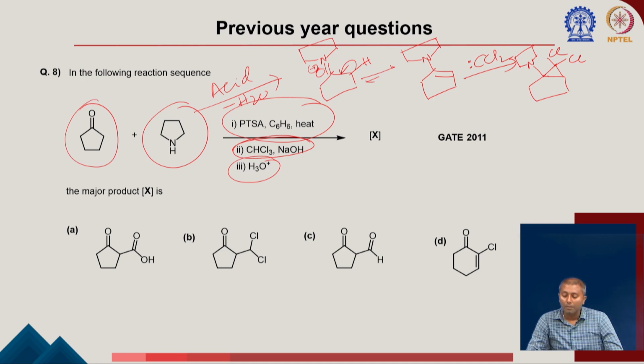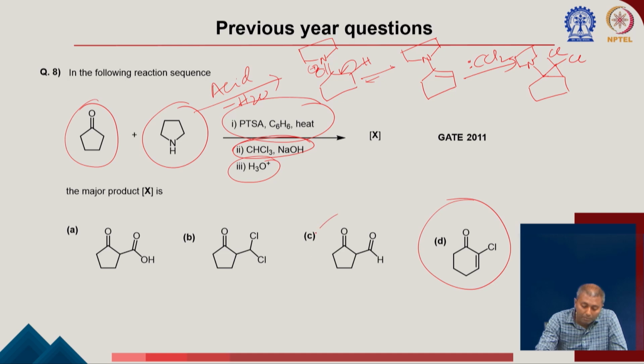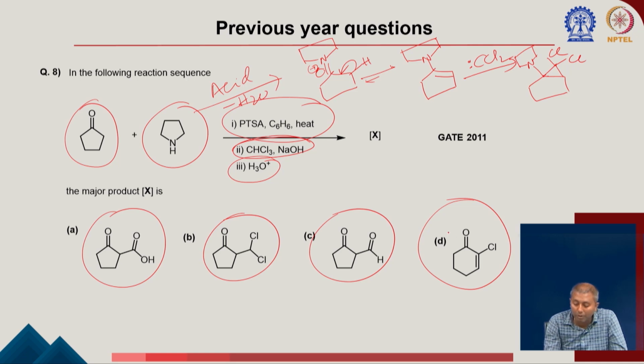And now once you have the cyclopropane, you are going to see some sort of ring rupture, correct? Because if you look at all the different products here, some have a cyclopentane ring, and in one case you have a cyclohexane ring.